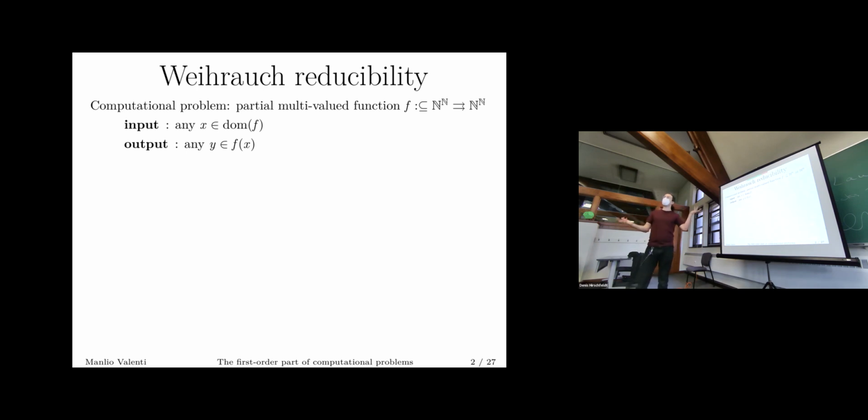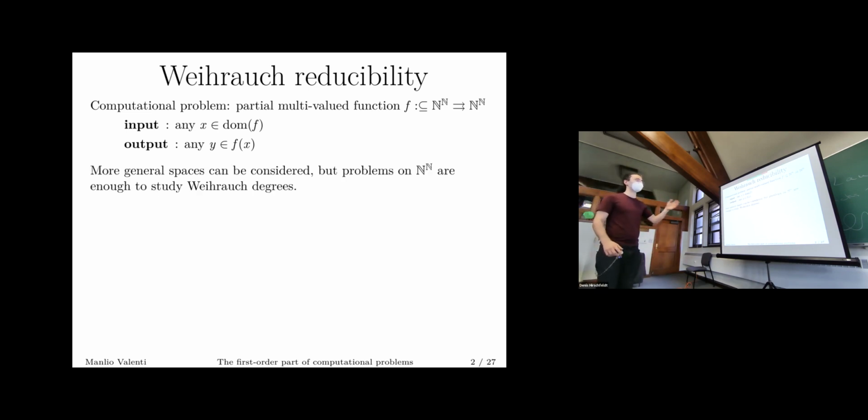I will use interchangeably the words computational problem or multivalued function, because we can see a partial multivalued function as a computational problem in the sense that you take the input to be any element in the domain and the output to be any y which is in f of x.